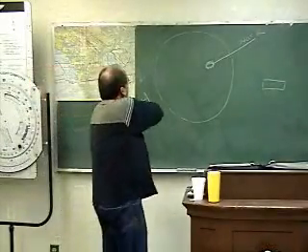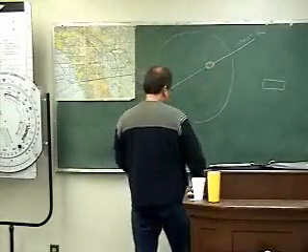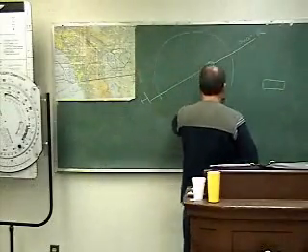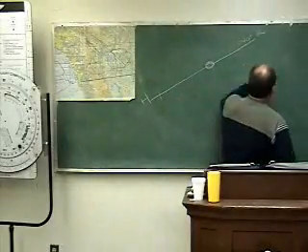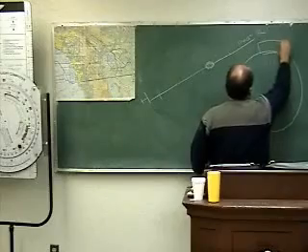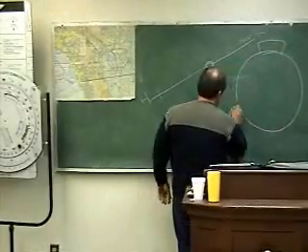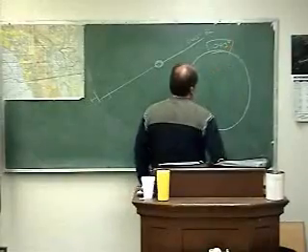So if we want to fly to this station, we're going to set up our instrument so that it looks like this. We are going to rotate this OBS until we have 040 up here in our course window.